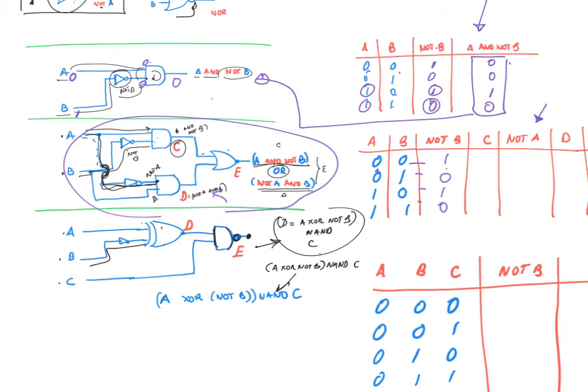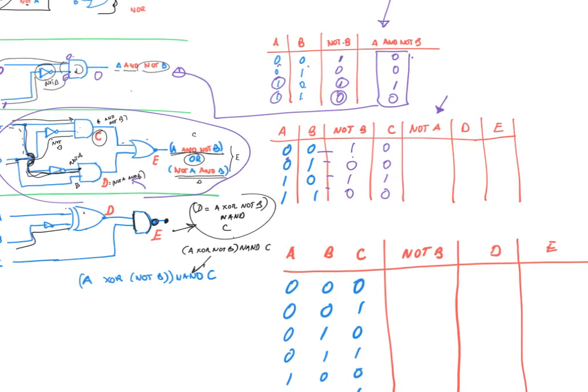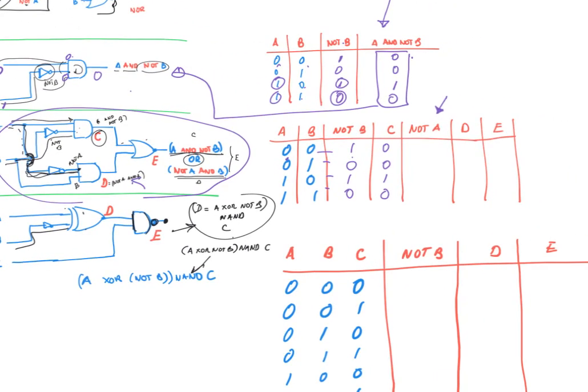So it's A and not B: 0 and 1, 0 and 0, 1 and 1, 1 and 0. Now, not A: 1, 1, 0, 0.